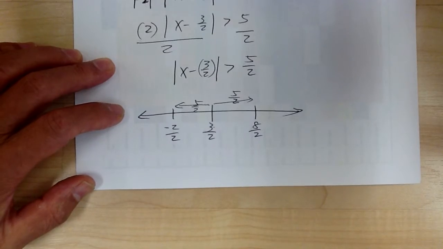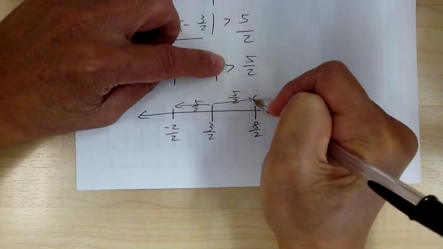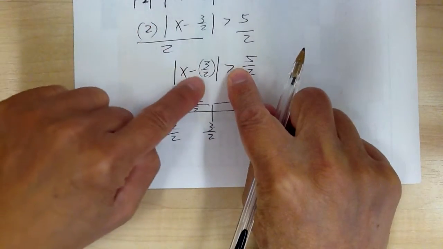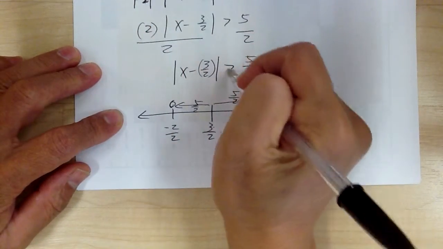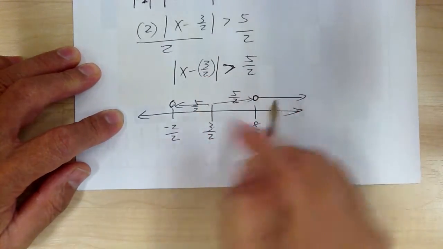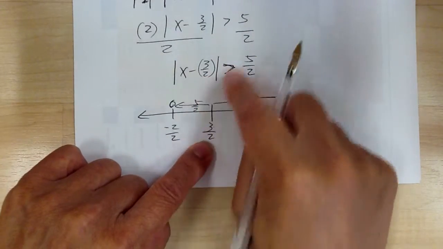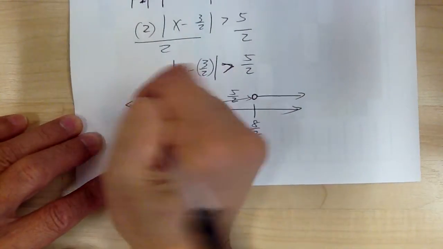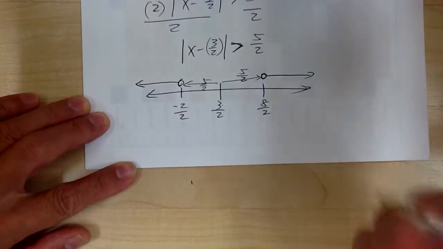Now this is an open circle, and this is an open circle, and it's pointing away from the number. See, the arrow is pointing away from 3 over 2. Here's 3 over 2. Just follow that. The arrow is pointing away, so you have pointing away and pointing away. And now you write your final answer.